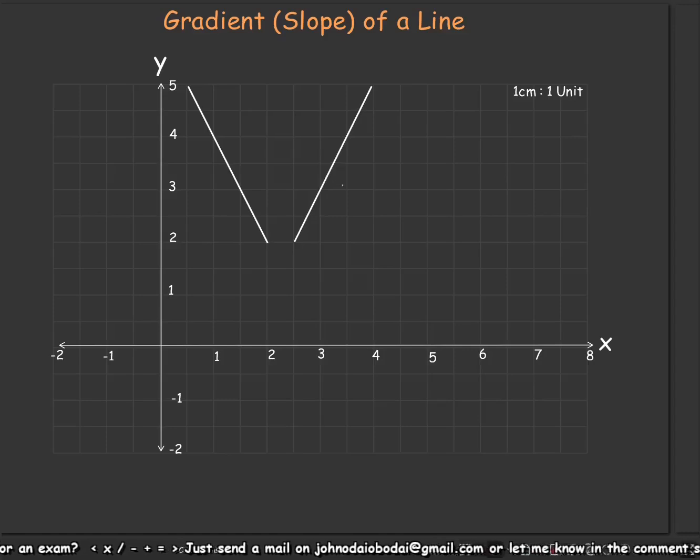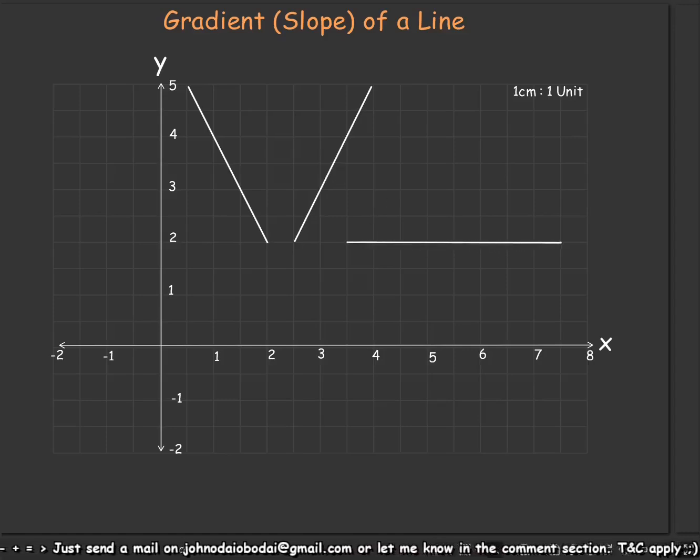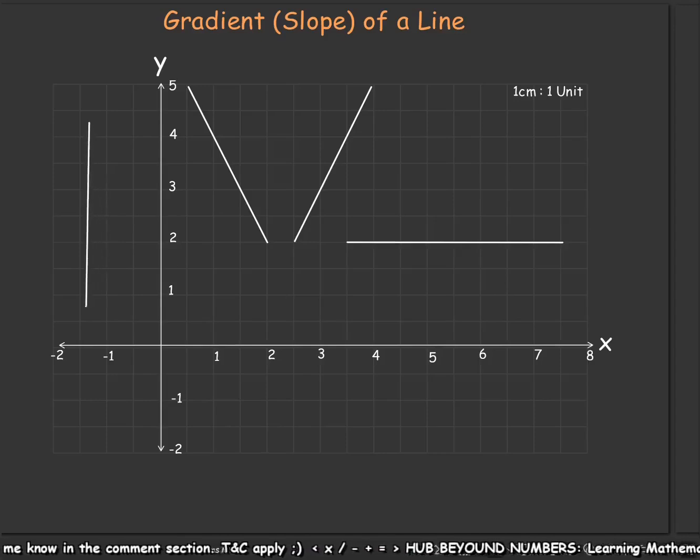Now, on the other hand, if you have a horizontal line, it has a 0 gradient. And finally, a vertical line, on the other hand, has an undefined gradient.